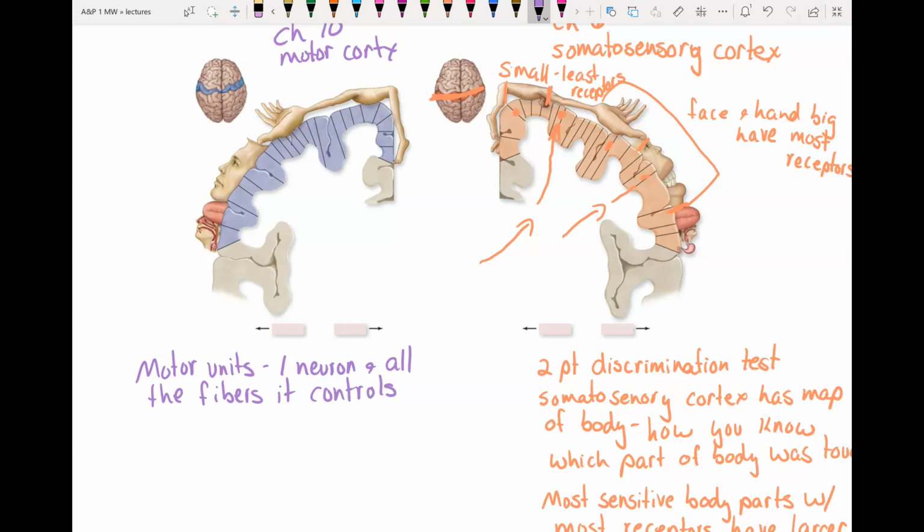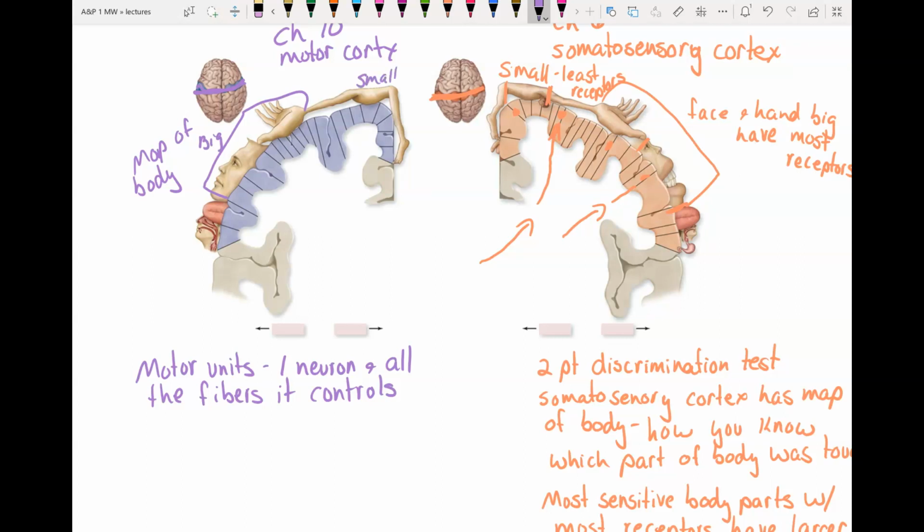So notice first of all that we again have a map of the body. The motor cortex right here in your brain has a map of your body. And again, you have these distorted sizes. The hand and the face are big, and the rest of your body is small compared to them.